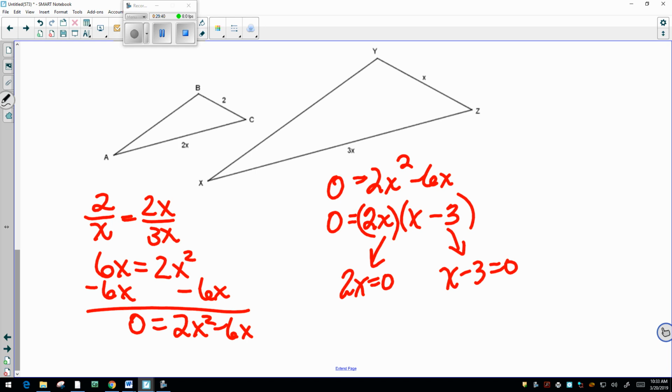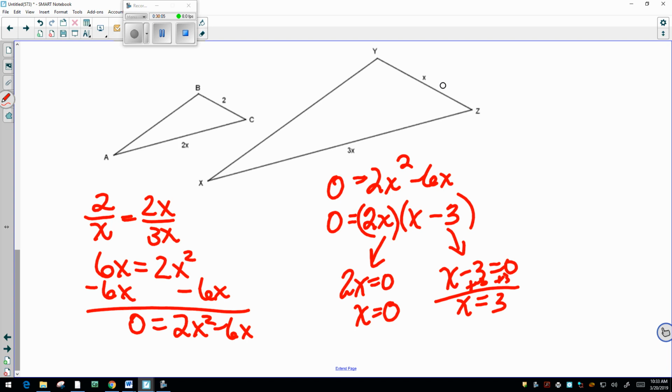Okay, so what does x have to be here if I solve? 0. What would x be here if I solved? Solve for x, get x by itself. What would I do with the 3? Add the 3, right? So if I add 3 to each side, what is x? x is 3. So we get 2 answers here.